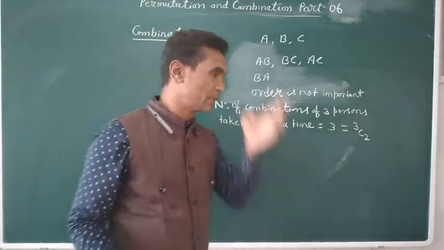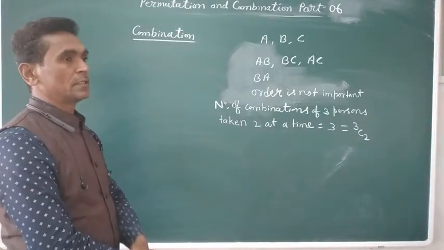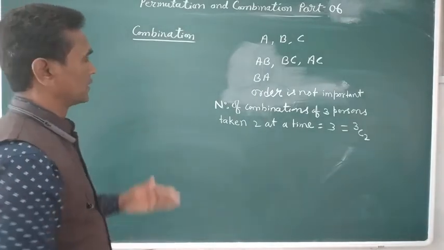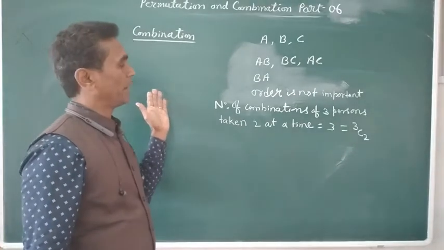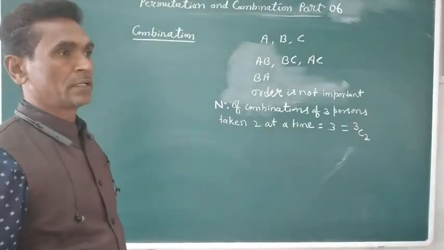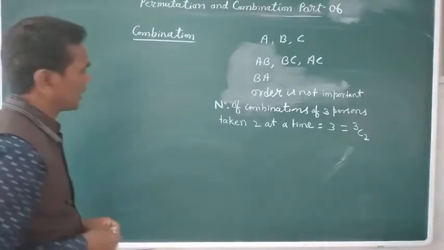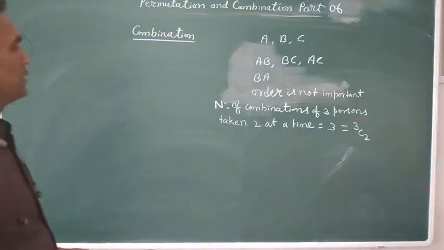So this is combination. So how will we define this combination? Combination is nothing but a group or a selection of n different things taken some or all at a time. Now we have to derive one formula for combination.